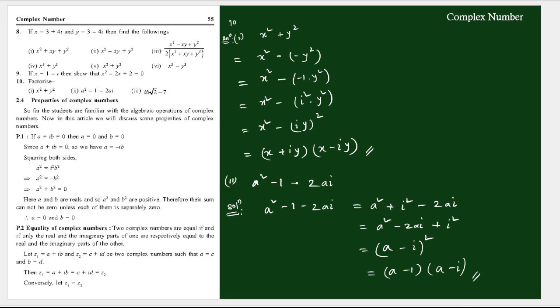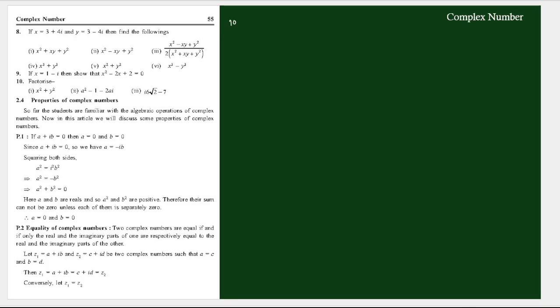चलो अभी क्वेश्चन नंबर 3. I6 root 2 minus 7. तो इसमें हम लोग क्या करेंगे? -7 is your real one, this is your imaginary दी.